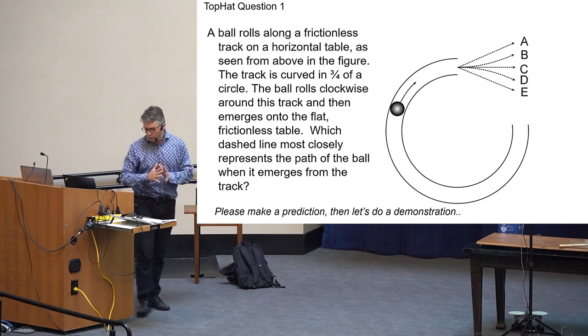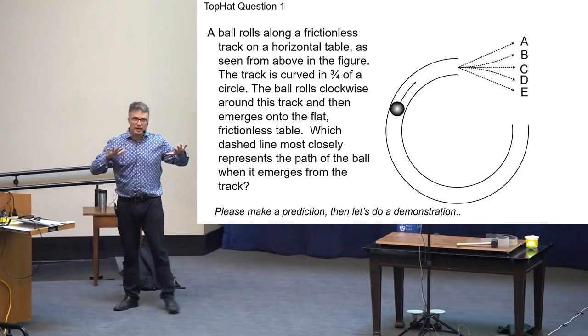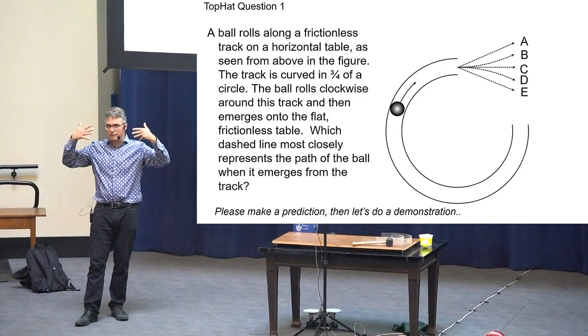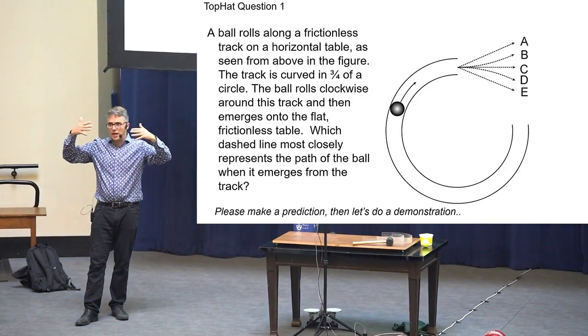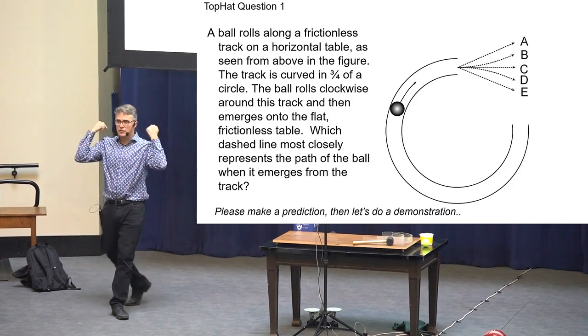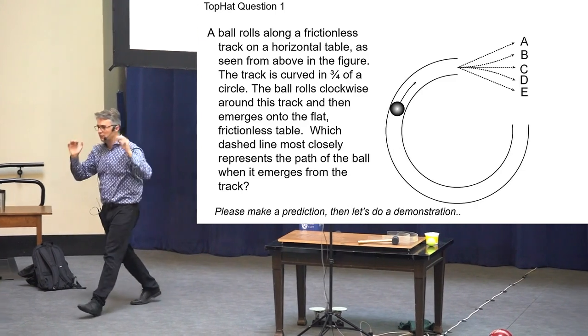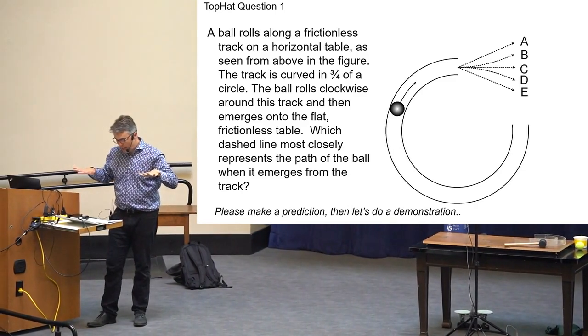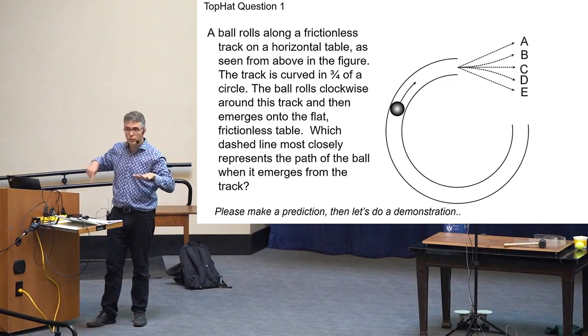A ball, so this is a bit difficult to picture, but what you're looking at is the view from above, like a bird's eye view. So there's no gravity in this picture. Gravity would be into the frame. A ball rolls on a frictionless track on a horizontal table, and the track is curved in a 3/4 circle.